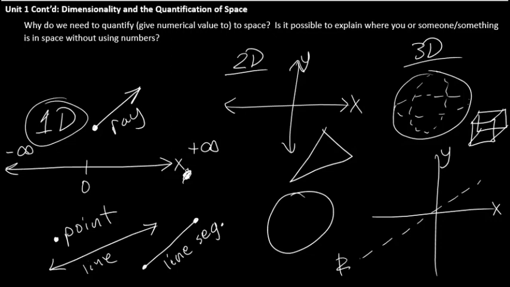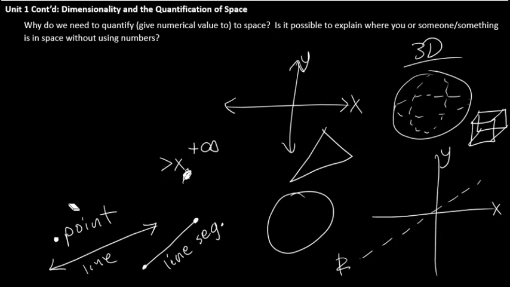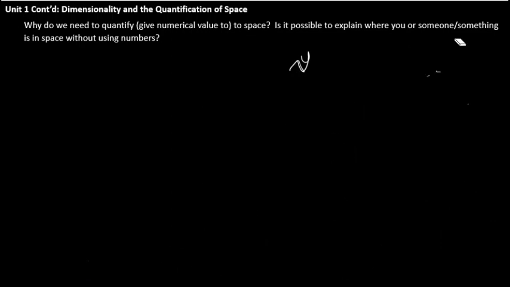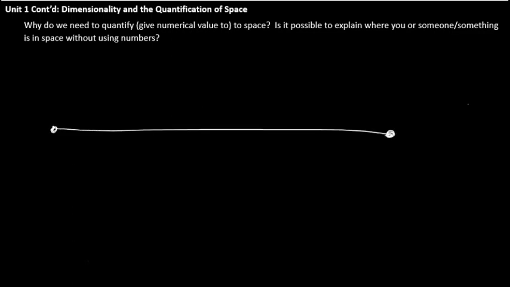So why do we need to quantify these things? Like we talked about when we discussed undefined terms, in order for us to begin to understand our own reality as it is, we need to start giving meaning to these undefined terms that we observe in nature, in space. One of the simplest ways that we give meaning to space is distance.